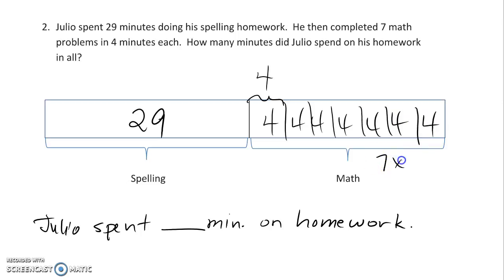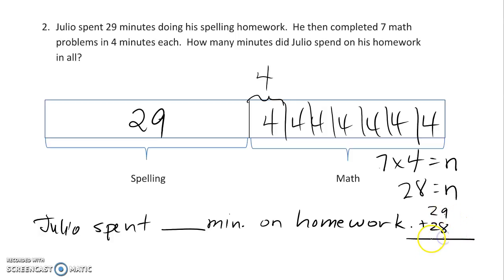So 7 times 4 equals n. What is 7 times 4? 28 minutes. Are we done? Well, no, because we want to know how many minutes he spent on homework in total, not just the math. So we have to put these together. Let's add 29 plus 28 over here.